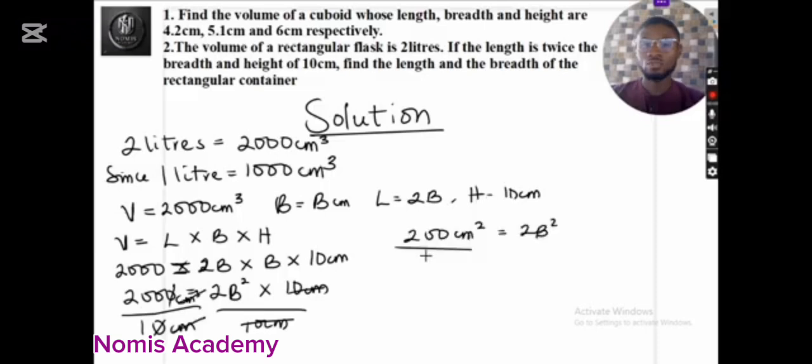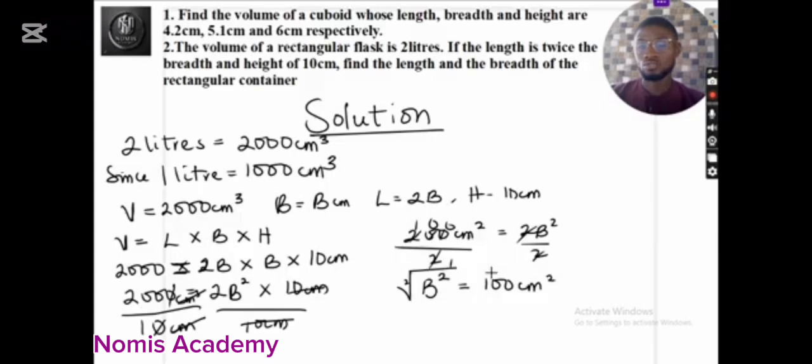Then we divide both sides by 2. 2 cancels 2, so I'm left with b squared equal to 100 centimeter squared. What I would do next is to find the square root of both sides.